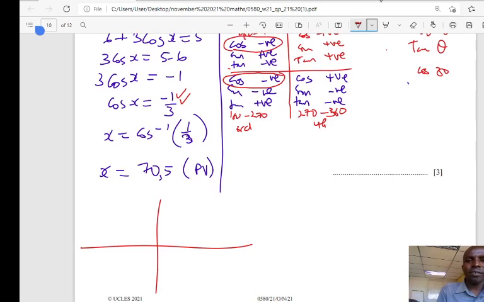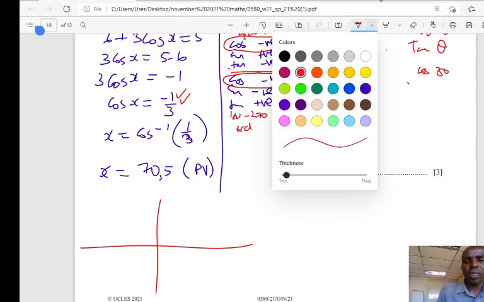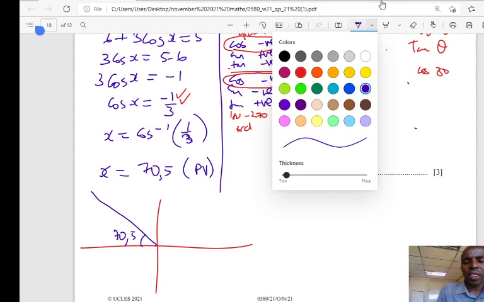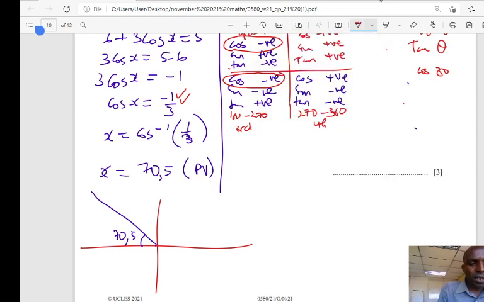You put your line here, and you put your principal value, 70.5, in the second quadrant. You put another line in the third quadrant, with 70.5 in the third quadrant.